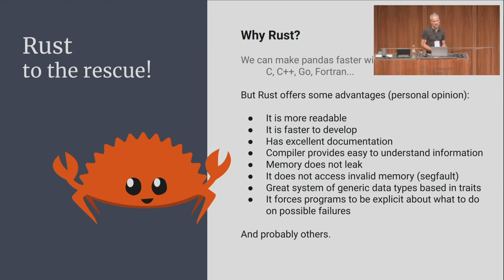It also does not access invalid memory, for the same reasons that the memory doesn't leak. Rust forces you to deal with memory in a very particular way, designed so the compiler at compilation time knows that your memory is being used properly, so that you are not doing things that you shouldn't be doing with memory.